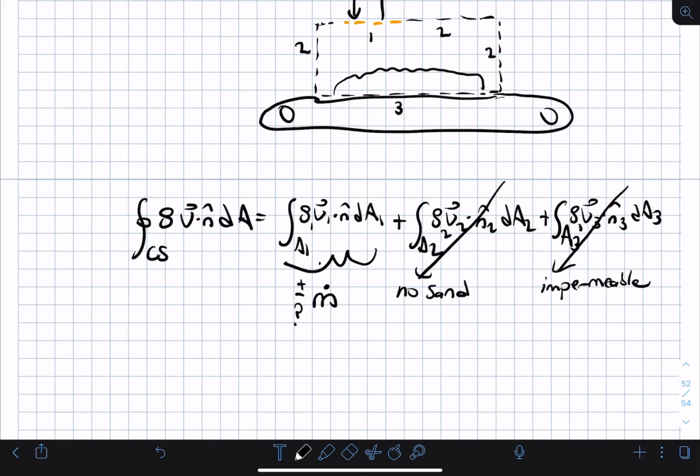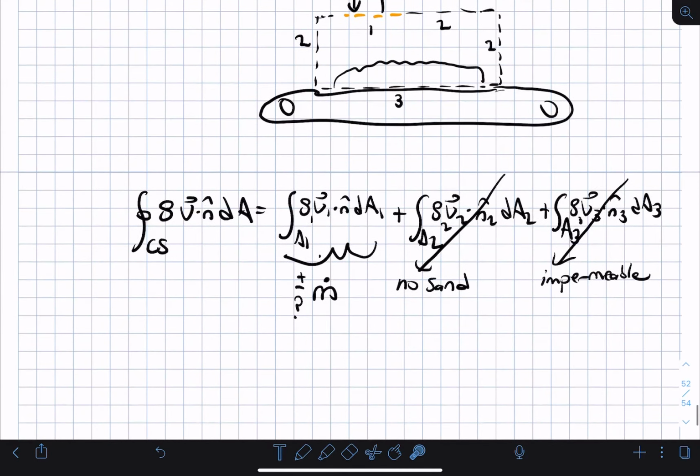Basically, which one of these two is it? Well, recall that the plus or minus sign will come from this v dot n hat. If the normal vector and the velocity of the material moving through the surface are in the same direction, this v dot n hat will be positive. If the n hat and the v are in opposite directions, then this will be negative.